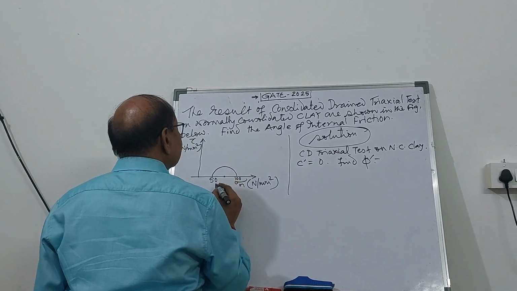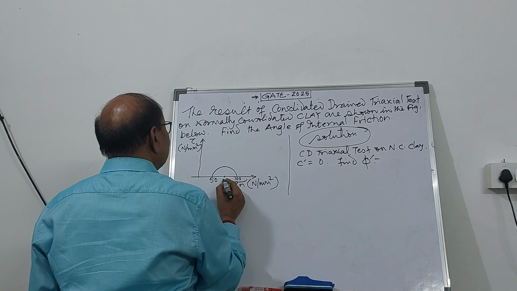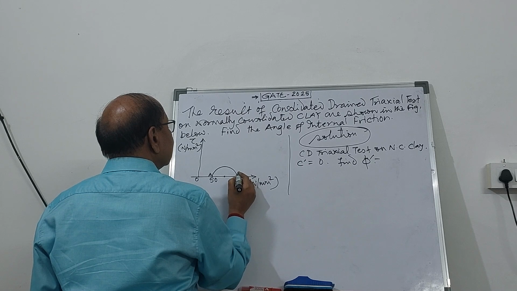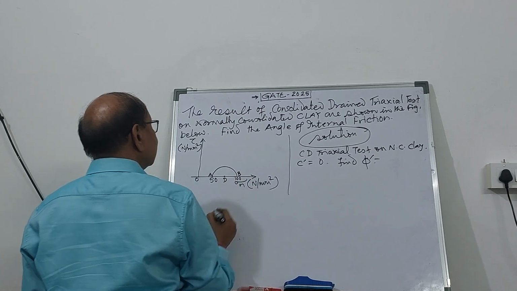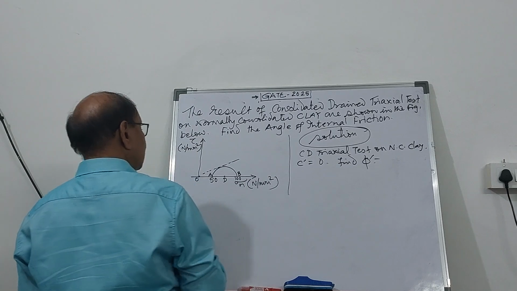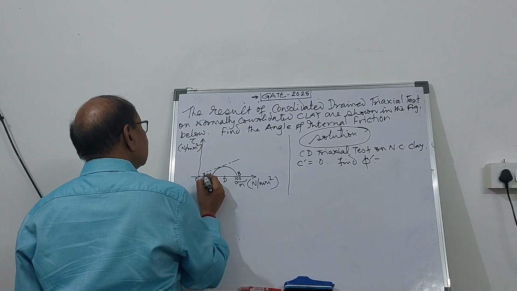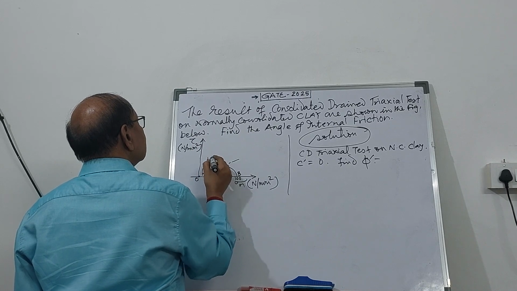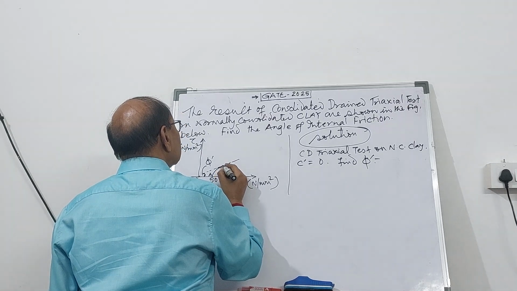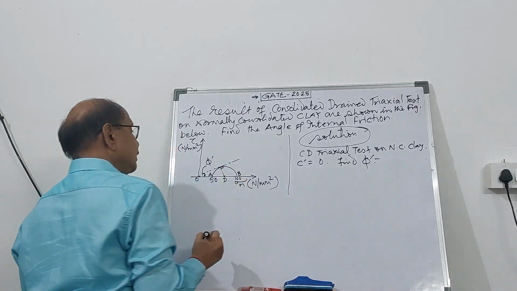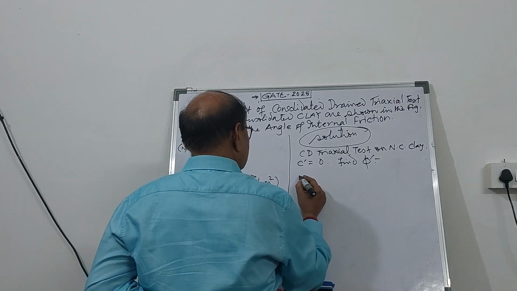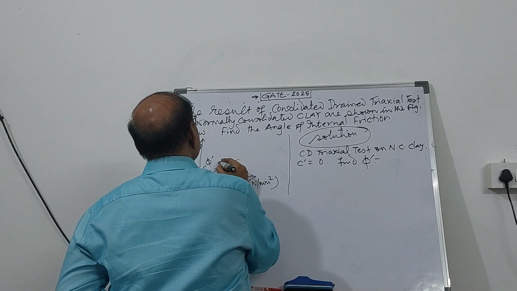So if this is the Mohr circle, let's say this is O, this is A, B, and this is D. So C prime will be 0, and therefore this angle will be phi prime, and this angle is going to be 90 degrees. So here, let's say this point is E.